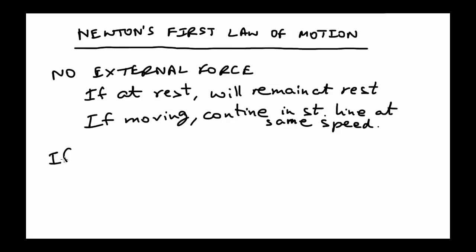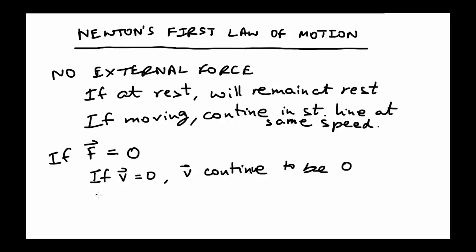So essentially Newton's first law says that if force is zero, then if at rest, meaning if velocity was also zero, velocity will continue to be zero. And if velocity was not zero, which means it was moving, velocity again remains unchanged.